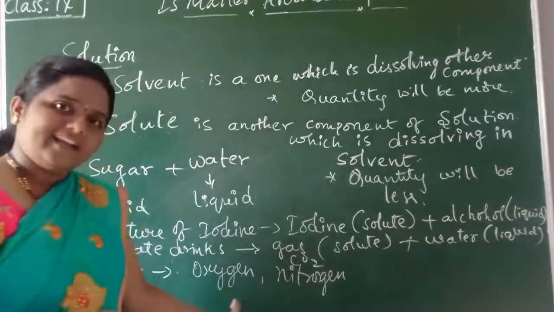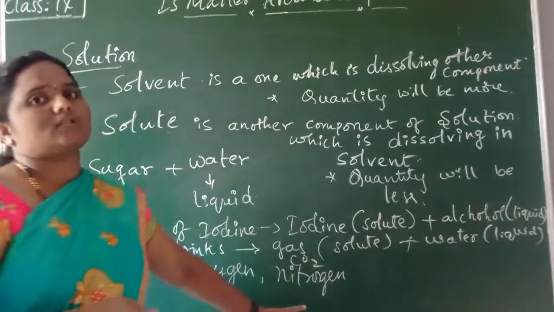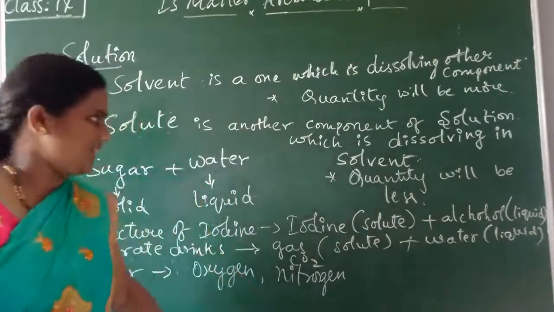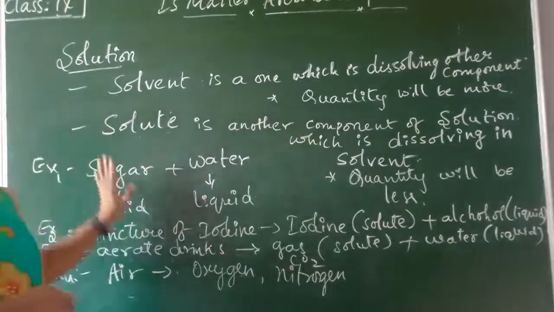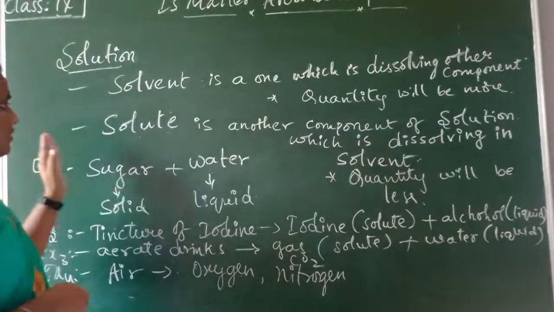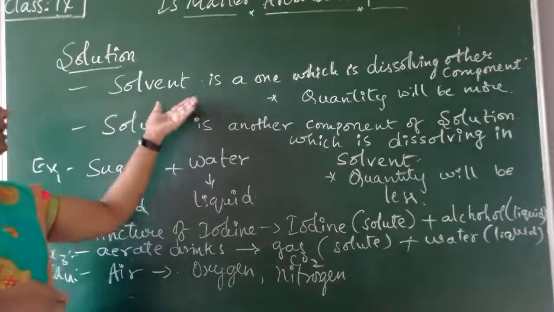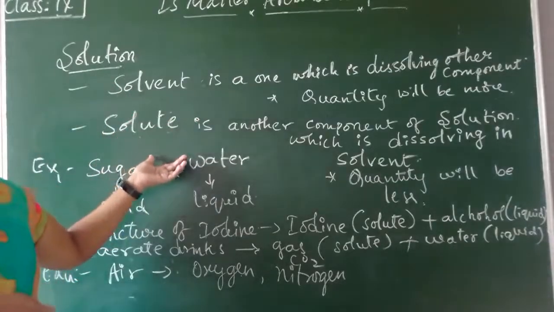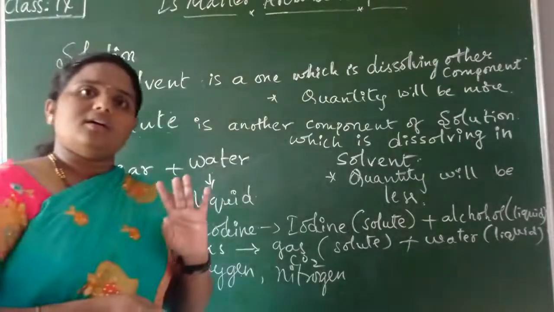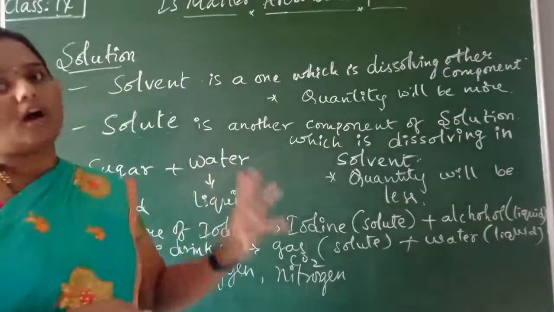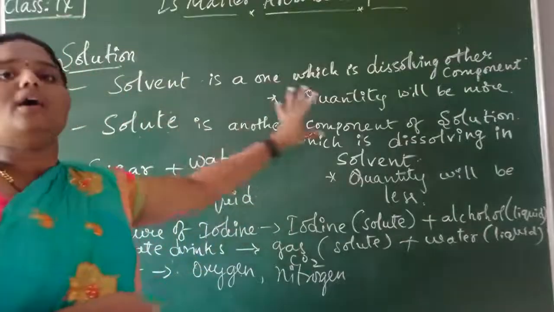Along with that, a negligible amount of other gases is also present in our surroundings. So these are a few examples of a solution. Means a solution contains a solvent and a solute as main components. These two different components will give rise to a solution.